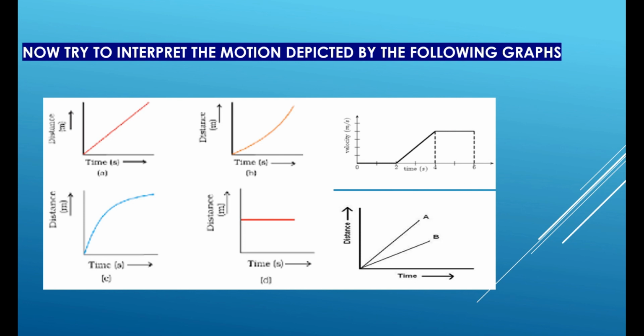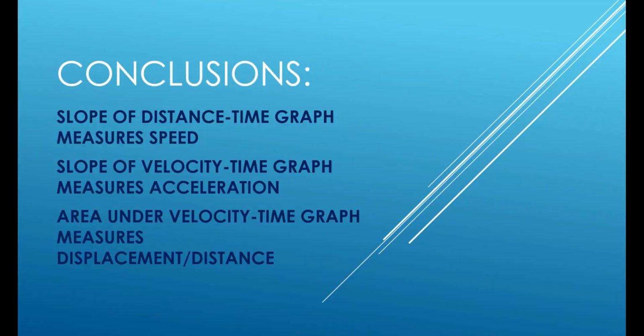Slope of A is more than slope of B. It's covering a greater distance in the same time as compared to the distance covered by B. So you can say A is faster than B. So this is how we compare the motion of the objects. So we conclude that slope of distance time graph measures speed, slope of VT graph measures acceleration, and the area under VT graph measures the displacement or the distance covered by the object in a straight line.